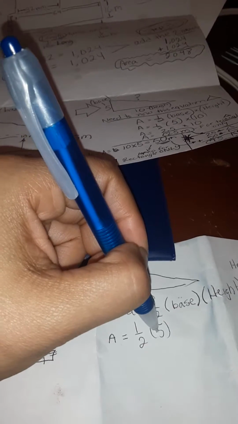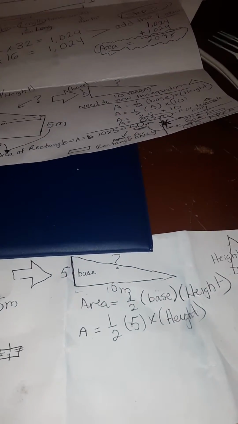So I need to find out what 1/2 of 5 is. Very important rule: you need to find out what 1/2 of the base is, and then multiply that answer by your height. Oh, and my height is 10. Sorry. There's my 10.